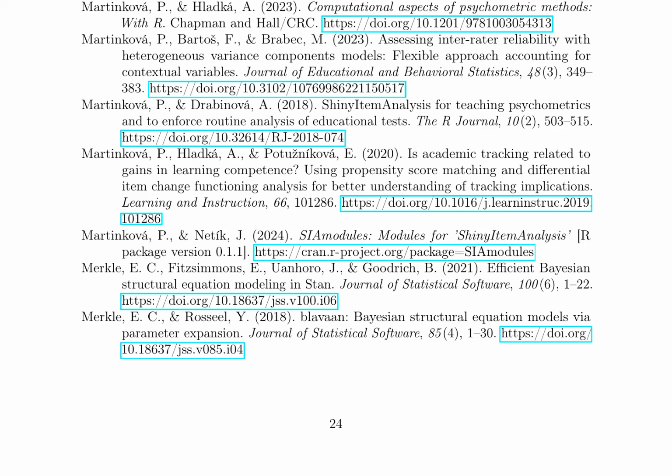Overall, the paper provides a comprehensive review of various studies, R packages, and statistical methods related to item response theory, psychometrics, and statistical analysis. The authors highlight the importance of rater reliability, differential item functioning, and computational aspects of psychometric methods in educational and behavioral statistics.